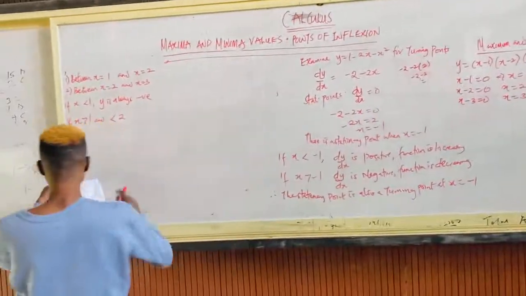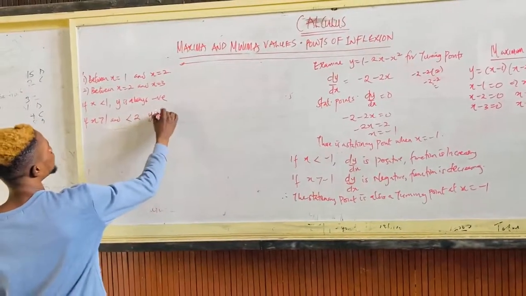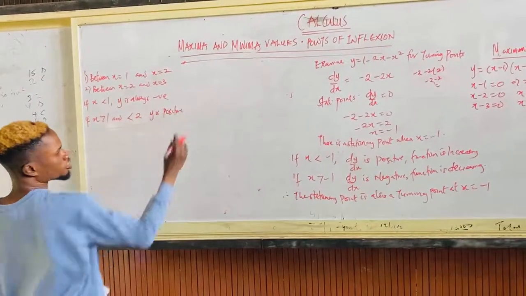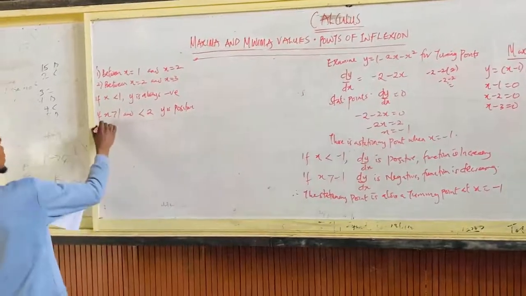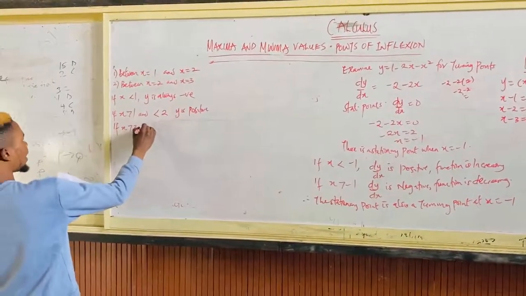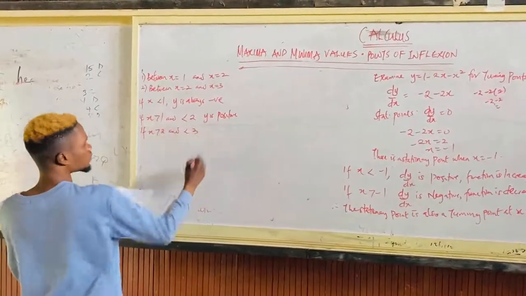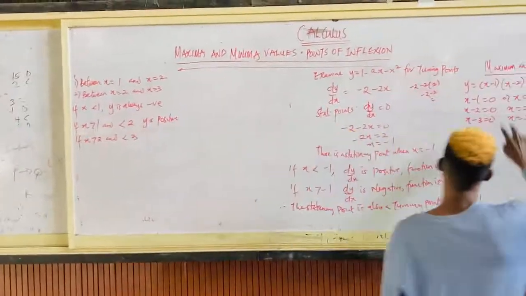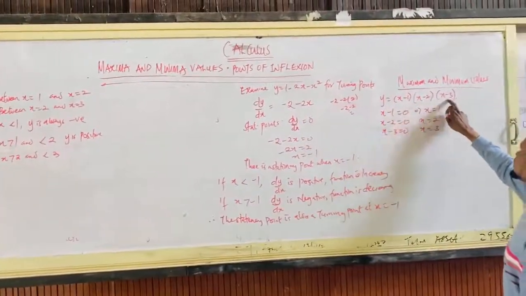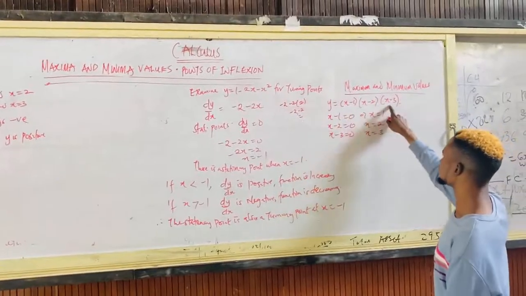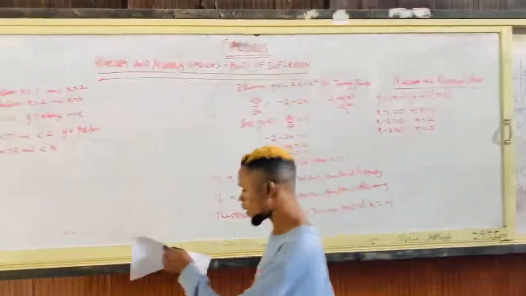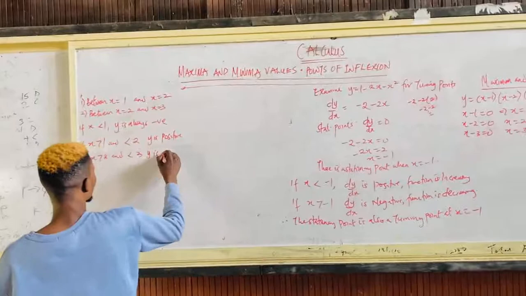So that means y is positive. And also if x is greater than 2 and less than 3, what will happen? That's 2.5: positive, positive, negative. Positive times negative is what? Negative. So y is negative.